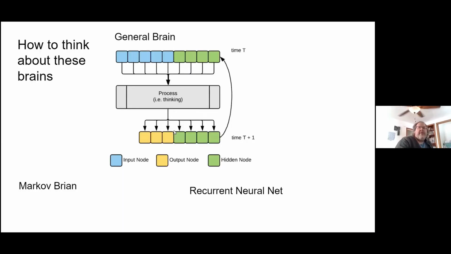So how should we think about these brains? I have this picture here of a general brain. It has these blue boxes, which are inputs. It has these green boxes, which are memory. We can call them hidden nodes or recurrent nodes. And it has these yellow nodes, which are the outputs.